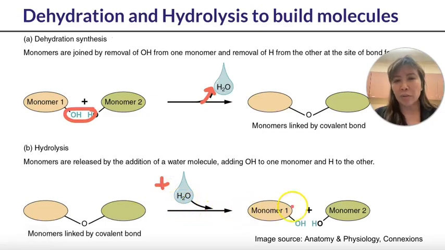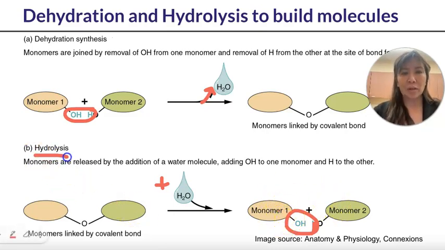When we add water, we bring this back and break it up, so now we have two monomers again. This is known as hydrolysis. When we are synthesizing and expanding a polymer, we're doing dehydration. When we're breaking down, we're doing hydrolysis.